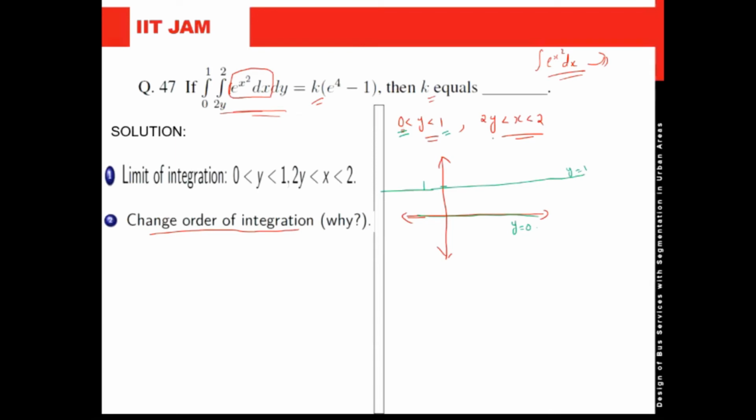Also it is bounded by the line x equal to 2. So this is the x-axis, and this is the x equal to 2 line.